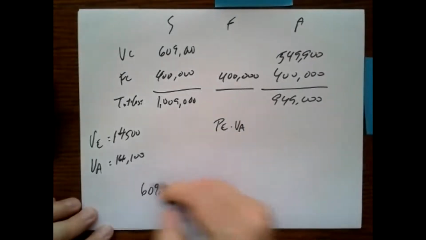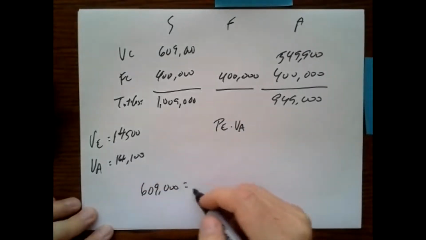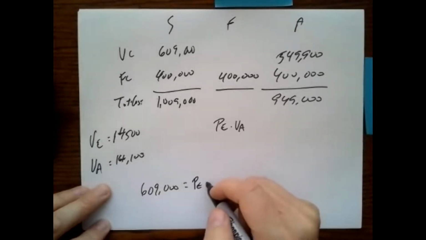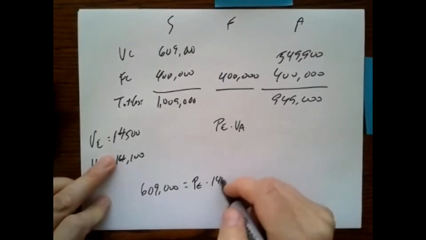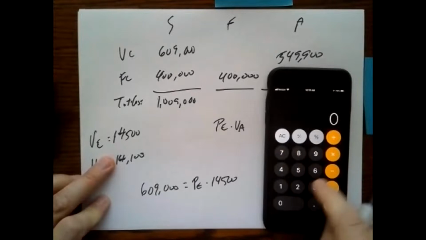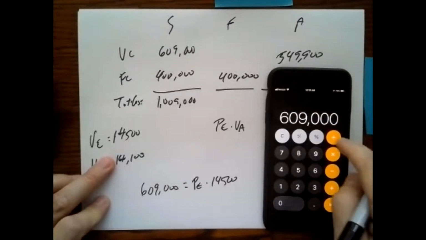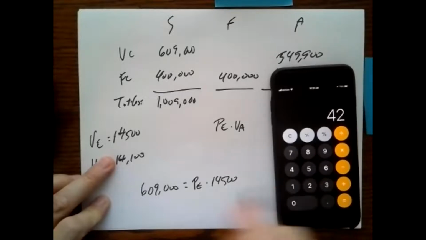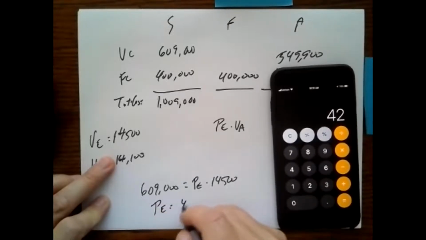Right? And that decomposes into some expected price times the expected volume of 14,500. So if I divide both sides by 14,500, so 609,000 divided by 14,500 gives me an expected price of 42.